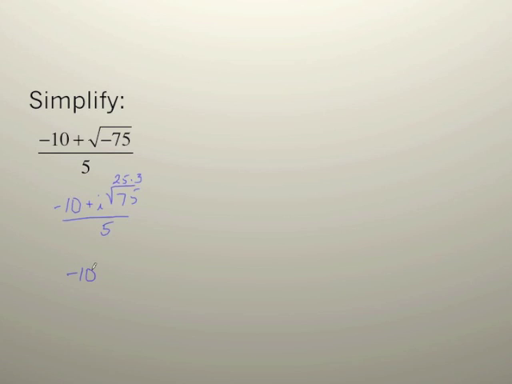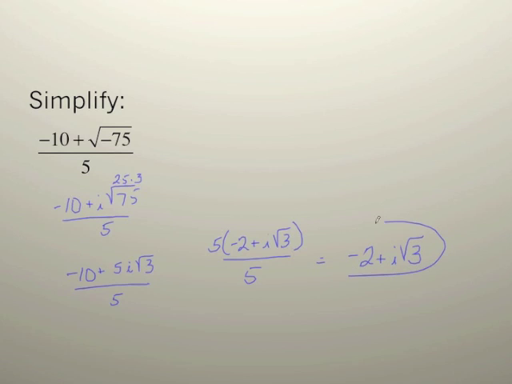This will lead to negative 10 plus 5i times the square root of 3 all over 5. Oh, wait a minute. 5 is a factor of this numerator. It could be 5 times negative 2 plus i times the square root of 3 over 5. Now I have 5 as a factor of both the numerator and denominator, so those can factor out, and my solution becomes negative 2 plus i times the square root of 3.